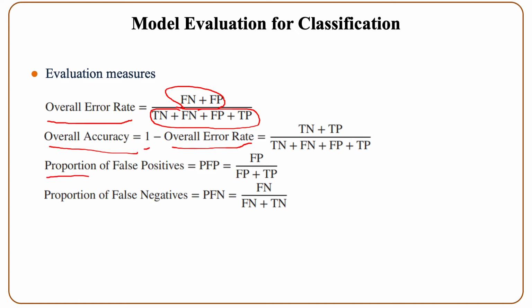The proportion of false positives is the false positives divided by the sum of the false positives and the true positives. And the proportion of false negatives is the false negatives divided by the sum of the false negatives and the true negatives.